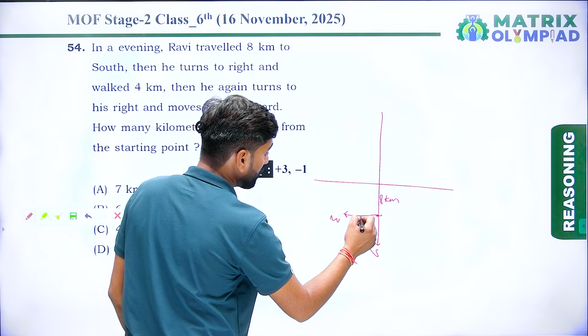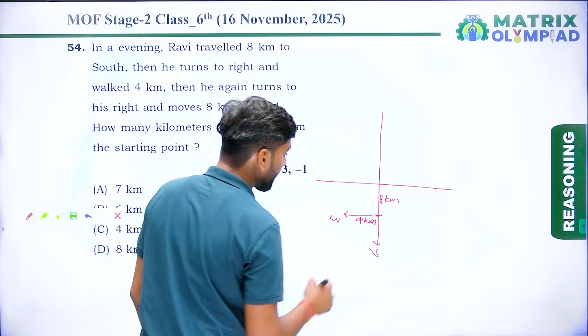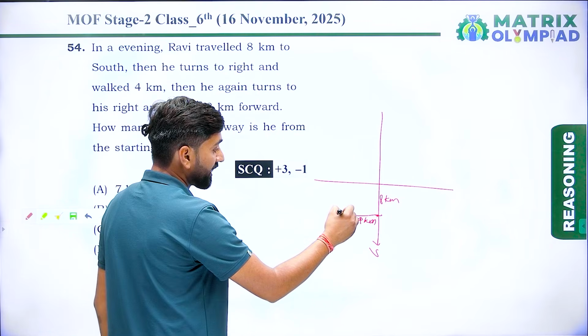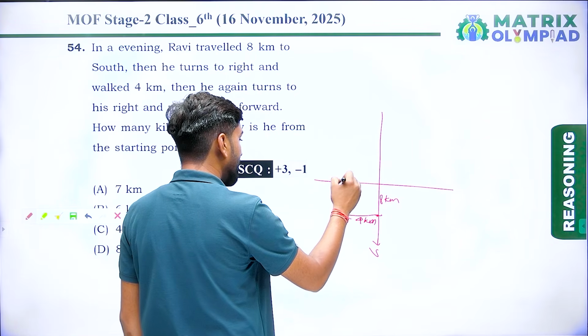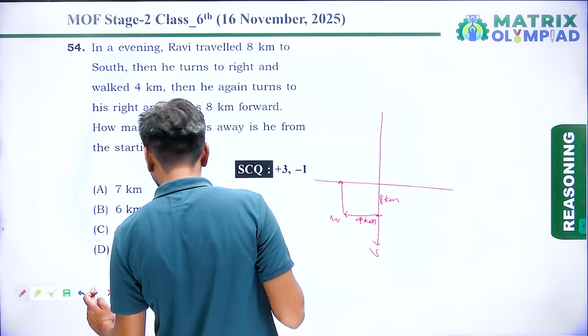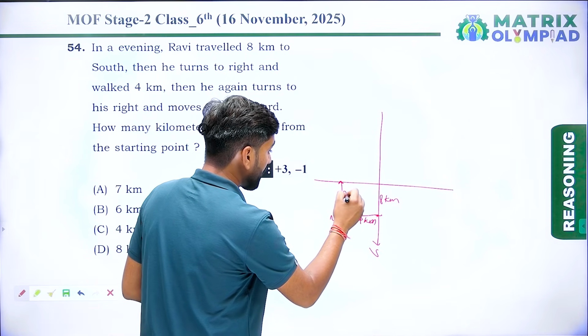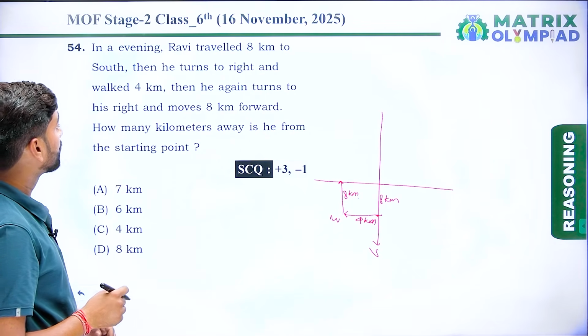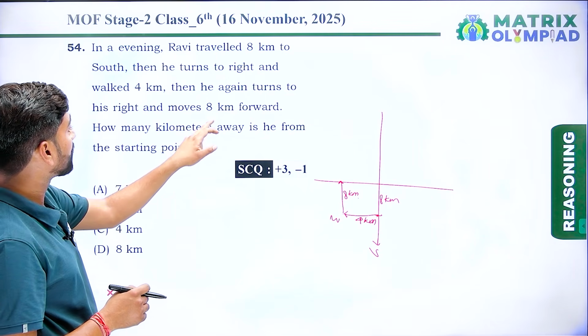Here he gets 4 kilometers. Now here he takes a right again and moves for 8 kilometers. Now from here his right moves 8 kilometers forward.